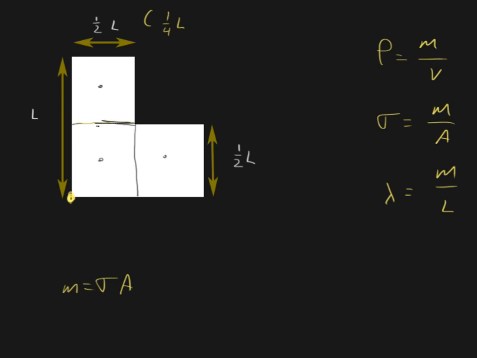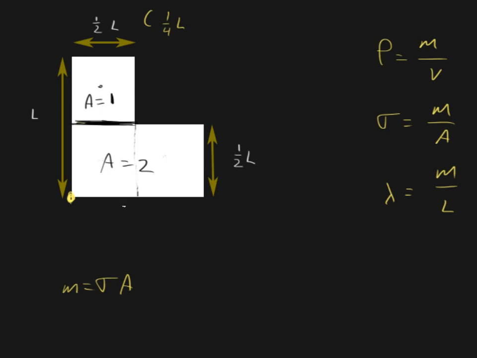So we have that top piece right here, so proportionately A is going to be equal to 1, and then we have this bottom piece here. We could say that proportionately the area is equal to 2 times the area of that top piece.